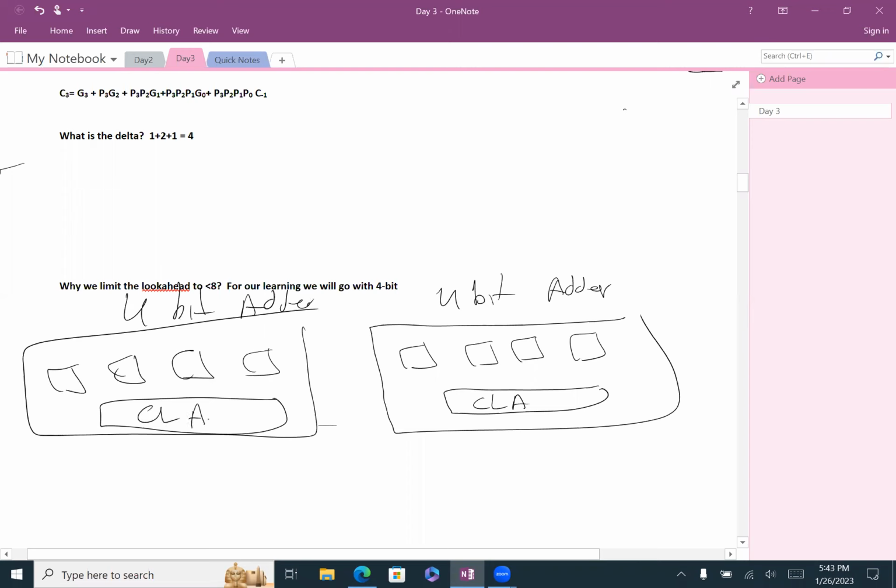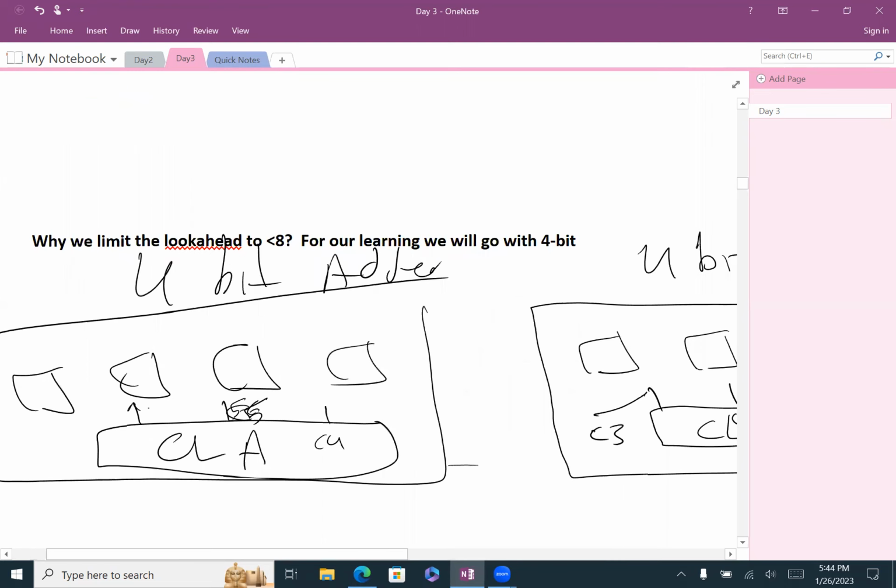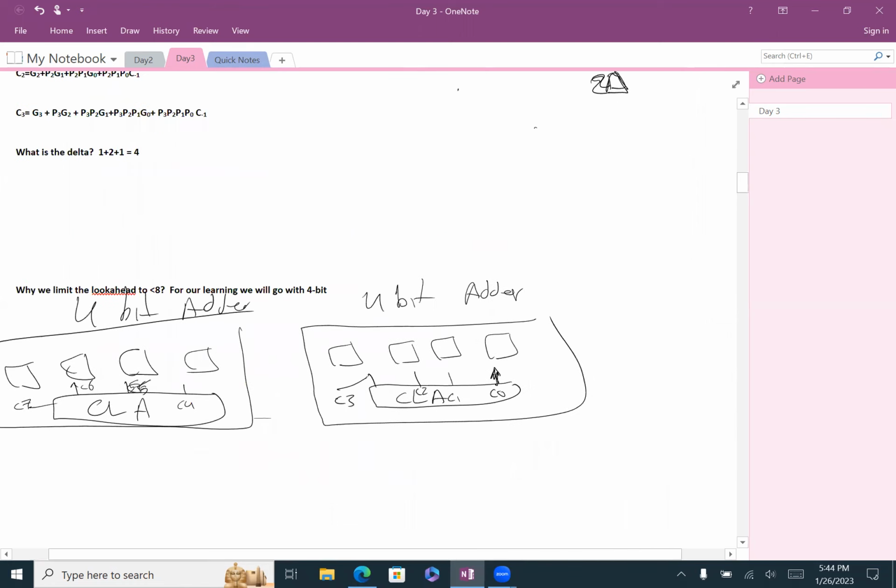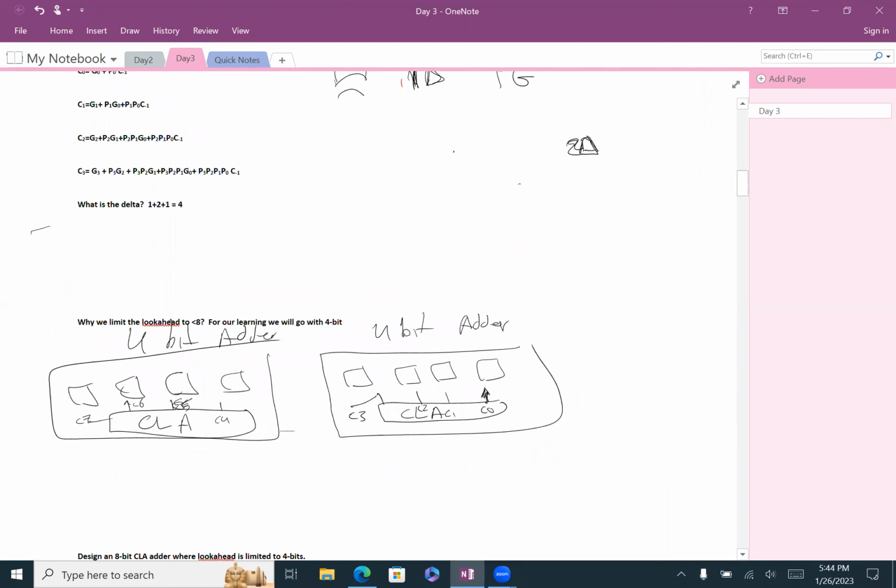Perfect. What will you have as output here? C0, C1, C2, and C3. Then what we have here? C4, C5, C6, and finally C7, correct? Now, how can we combine these two together? Simply, you take the carry 3 and make it the input for the next one, correct?